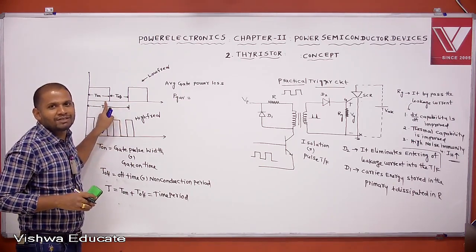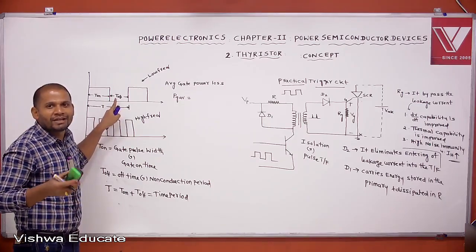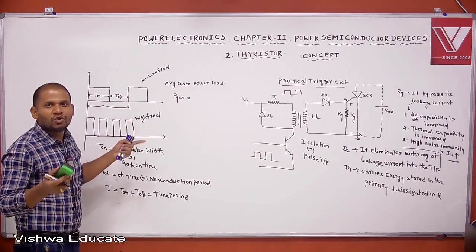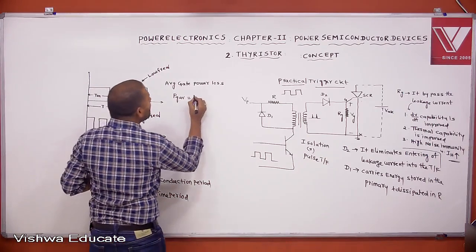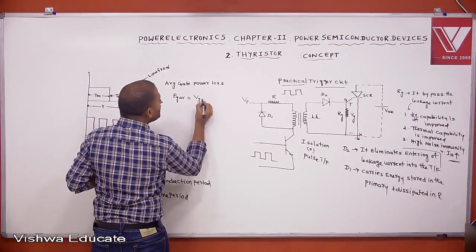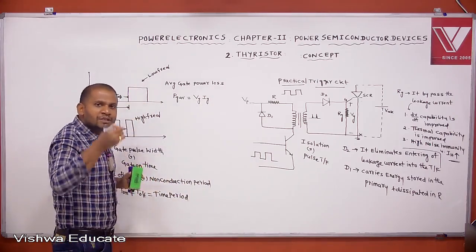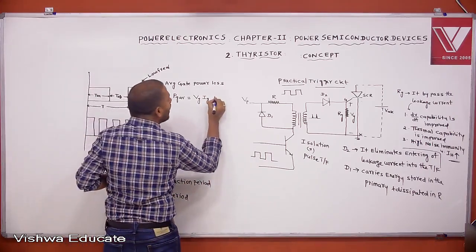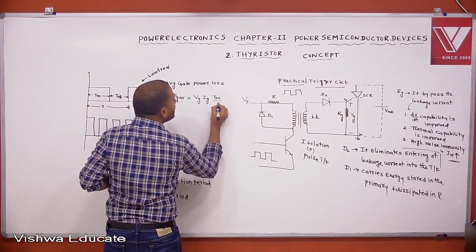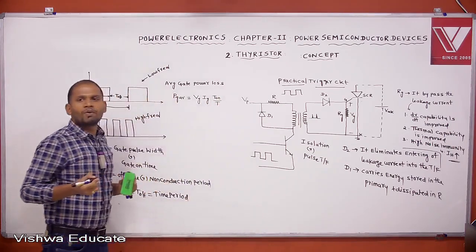Only during on time does power loss exist. In off time there is no gate current, so there is no power loss. That's why the average gate power loss equals Vg into Ig. This is the total power loss. This power loss exists only during on time, that is T on by T.